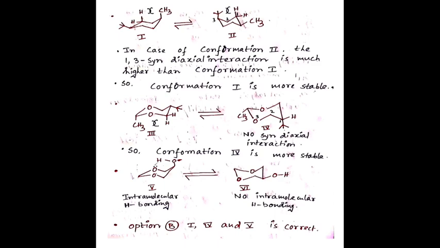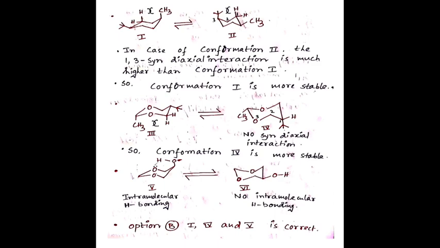After that, think about the interaction. When the methyl group is in the axial position, there must be an interaction between the methyl and hydrogen group. And when the ring flipping occurs, there is also an interaction between the tert-butyl group and the hydrogen group.